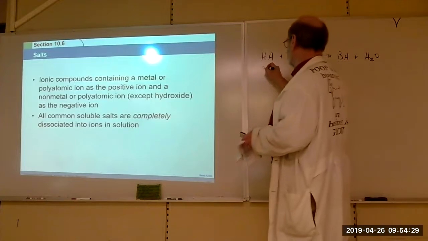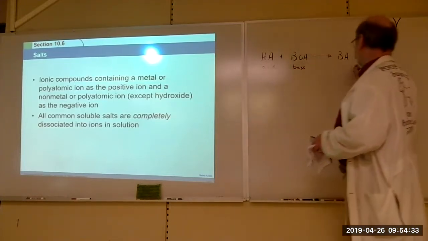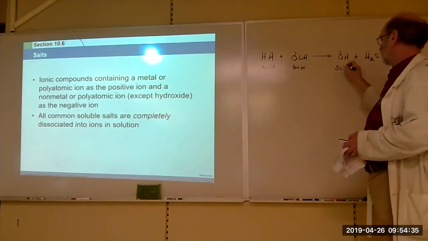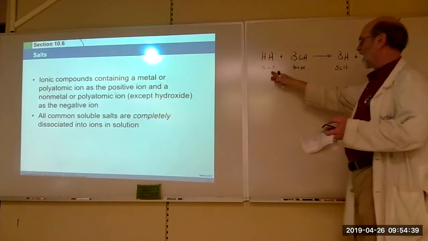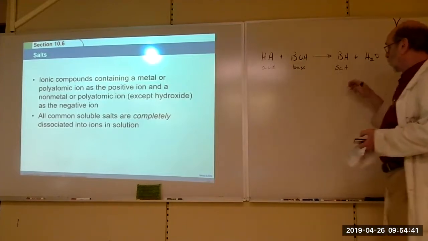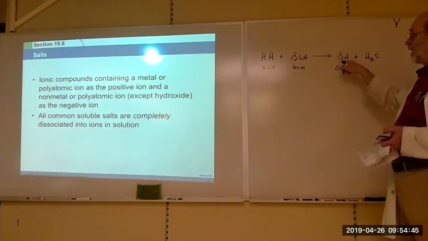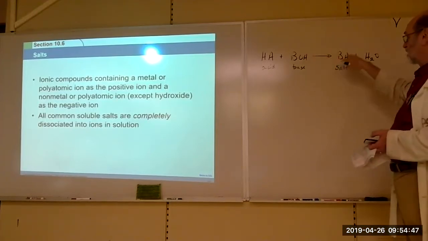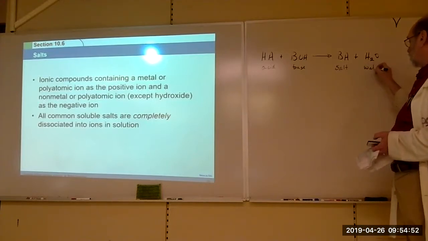So here's our acid. Here's our base. This is our salt. The salt is the result of an acid-base reaction where you take the cation and anion from the acid and base, put them together, and then what you have left over is water.